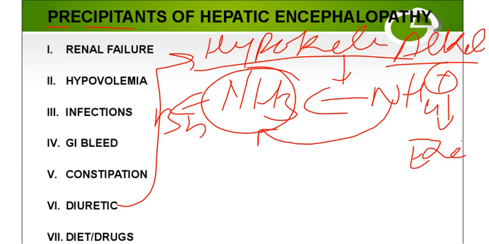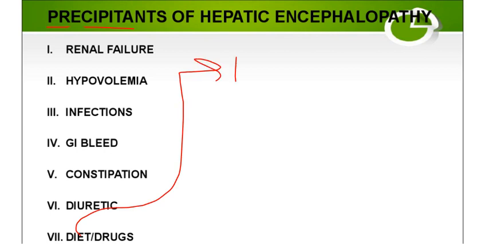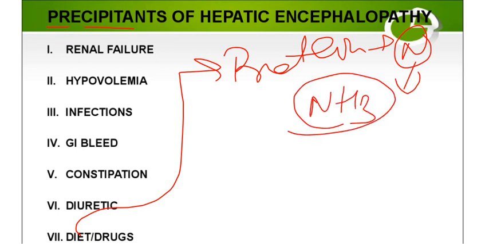And last is diet and some other drugs. What is the diet? Mainly the protein. Why protein? Since protein has amino acids which carry the nitrogen, and the protein breakdown will lead to formation of ammonia. So the protein diet can lead to increased symptoms of hepatic encephalopathy. Okay, last is drugs.